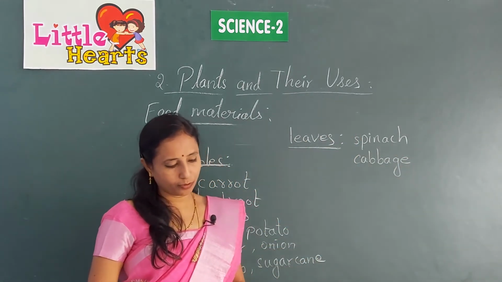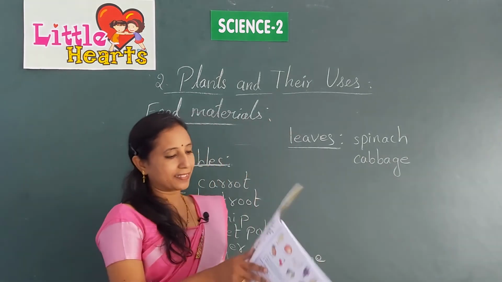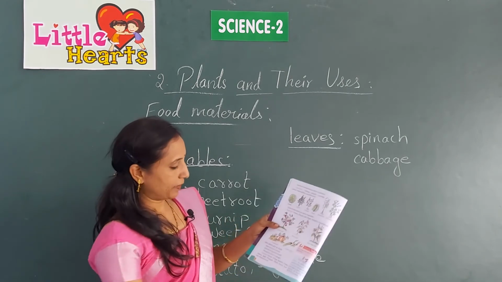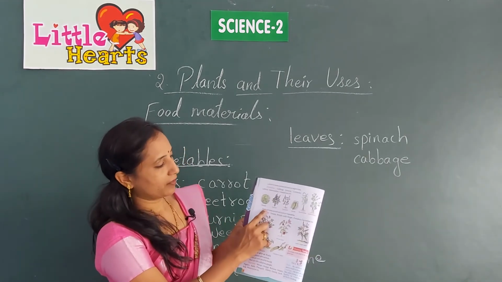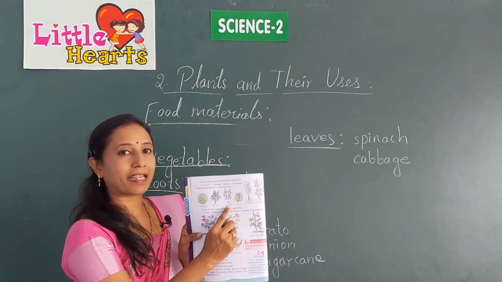If you look into your textbook, you can see some examples here, in page number 16. See here. Coriander, you use it daily in every curry.